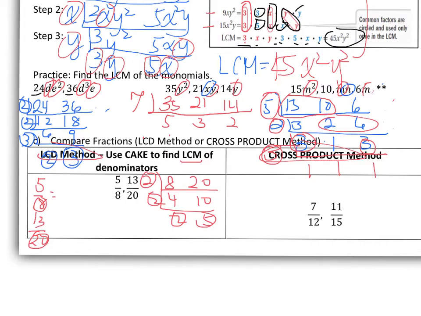So I am going to write 40 in the denominator, and do this next. 20 times 2 is 40. 13 times 2 is 26. 8 times 5 is 40. 5 times 5 is 25. Therefore, because 26 is bigger than 25, 13 over 20 is bigger.